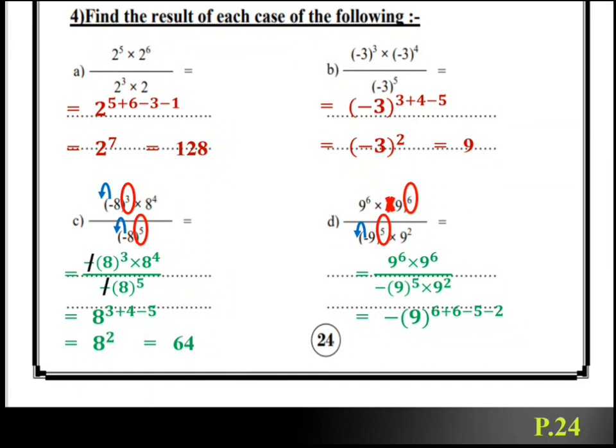So it will be negative open bracket 9 close the bracket 6 plus 6 minus 5 minus 2. So the next step will be negative open bracket 9 close the bracket power 5, which is equal negative 59,049.